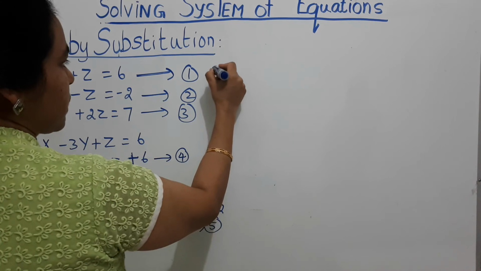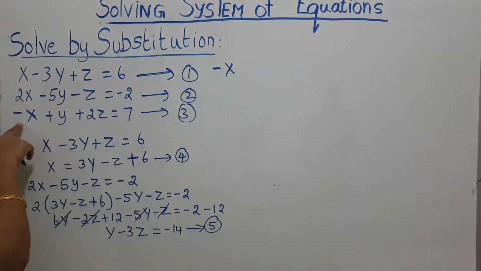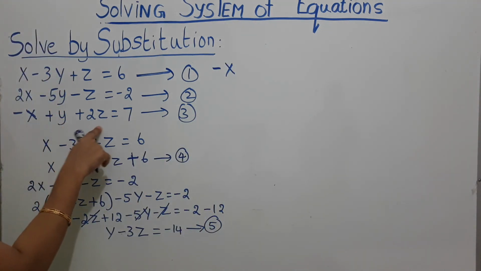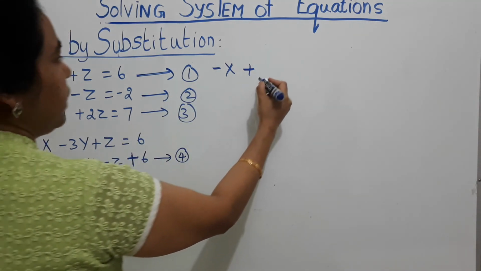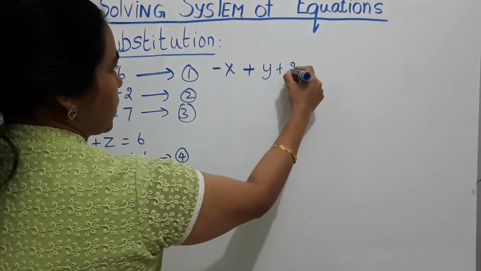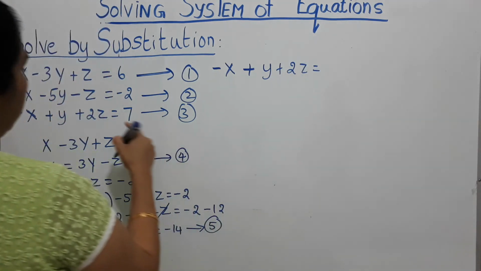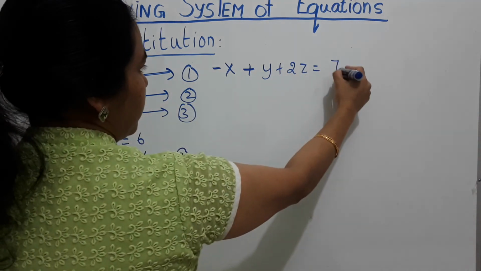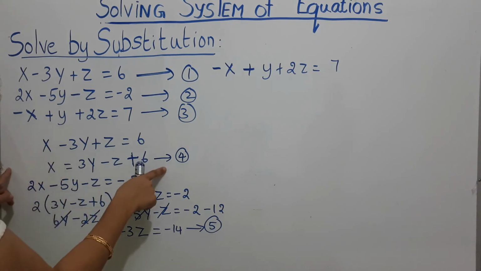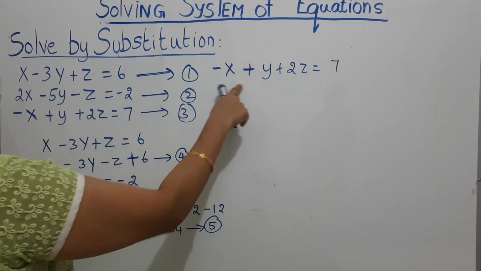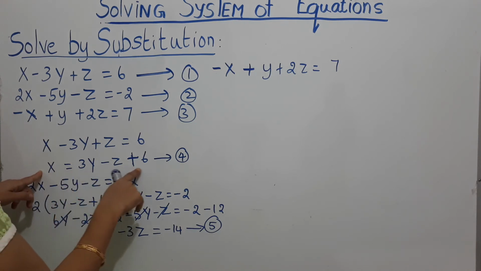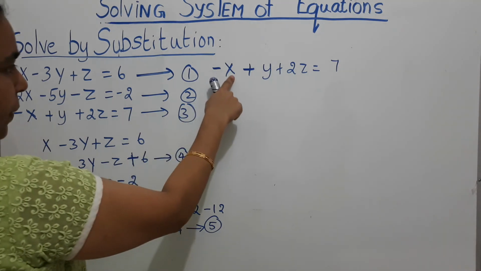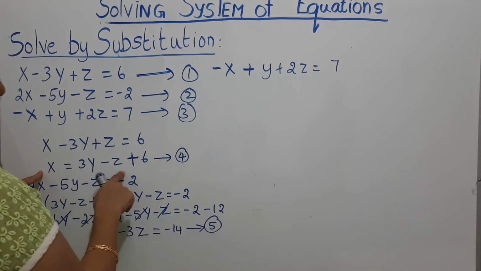So the third equation is minus x plus y plus 2z equals 7. Now you can replace the fourth equation into the third equation. So x value is 3y minus z plus 6. So you are going to replace the x with 3y minus z plus 6.